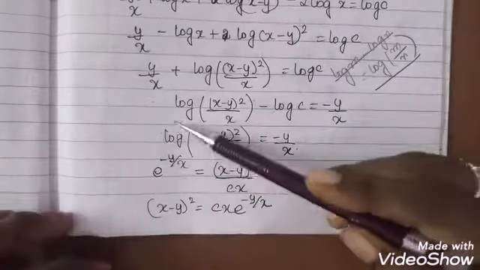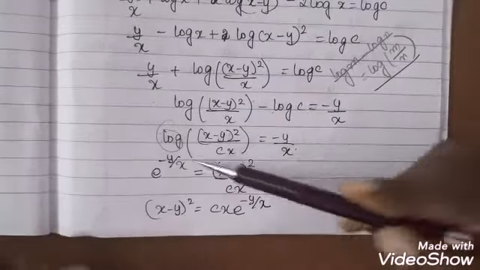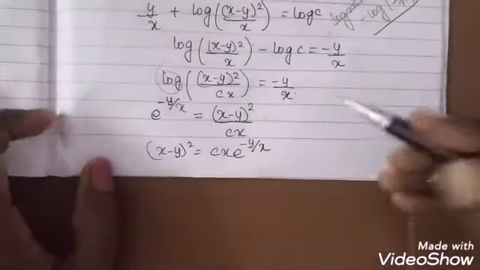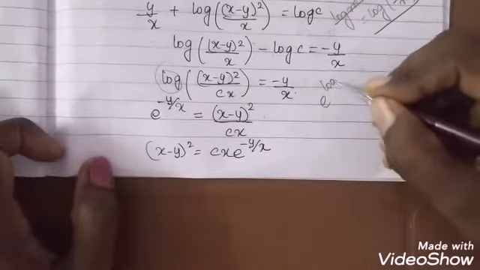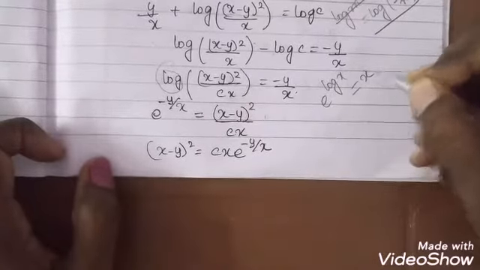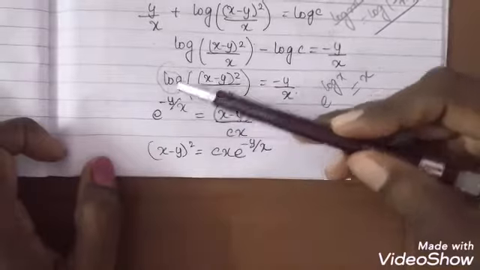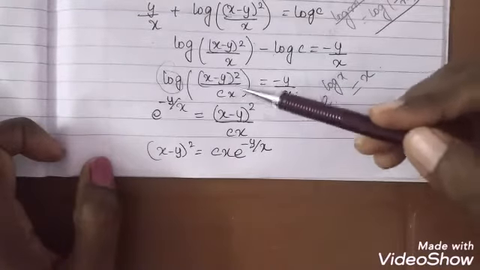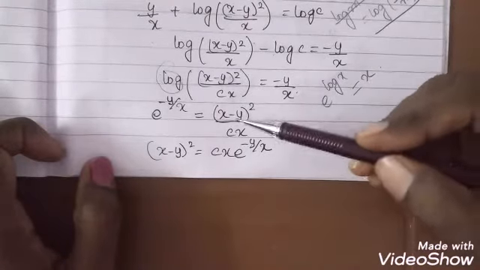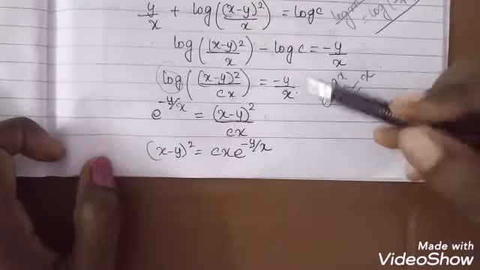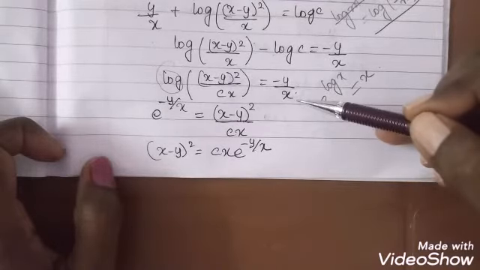Now to eliminate this log, I can take e power both sides. What is e power log x? It's nothing but x itself. So e power log of x minus y the whole square divided by cx is x minus y the whole square divided by cx, which is equal to e power minus y by x.